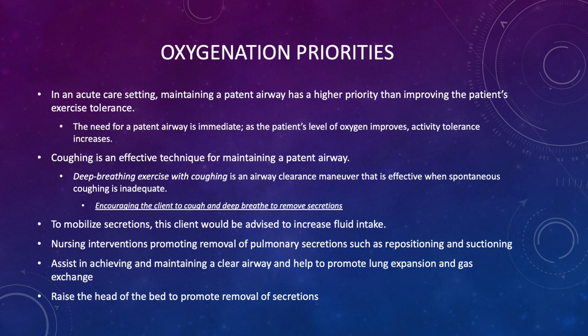Same concept. So that would be your prioritization of oxygenation: making sure that the most effective technique for maintaining a patent airway is deep breathing and coughing exercises, and encouraging them to do that, as well as all of these other modalities to help with either thinning out the secretions, removing the secretions, or getting them mobile.